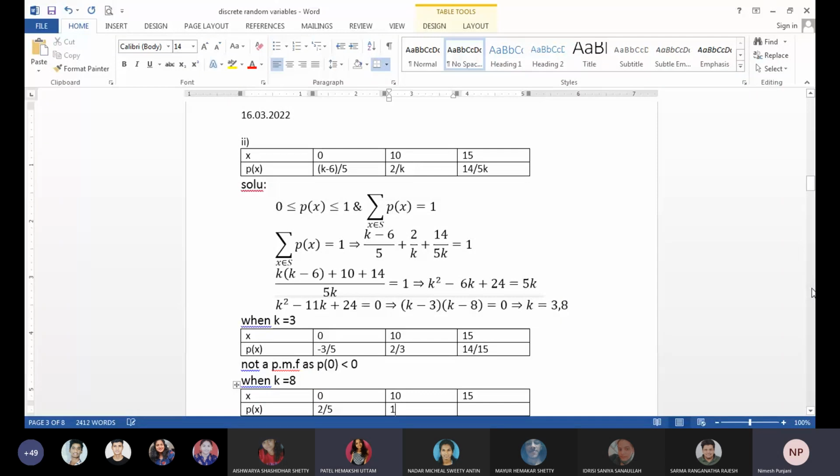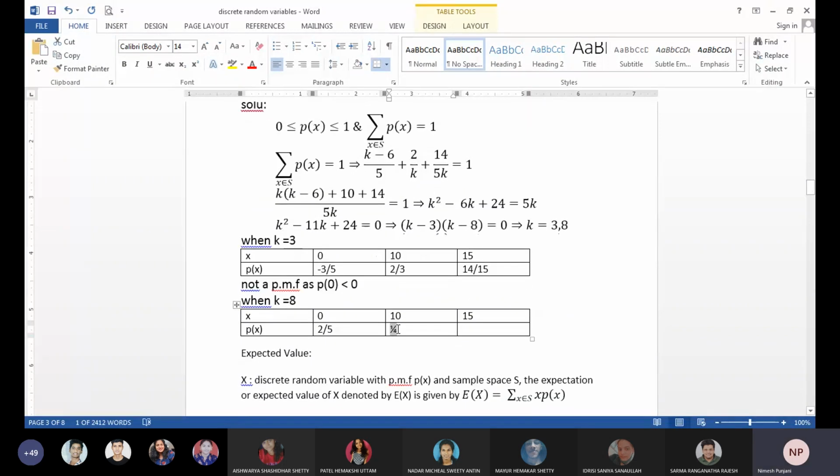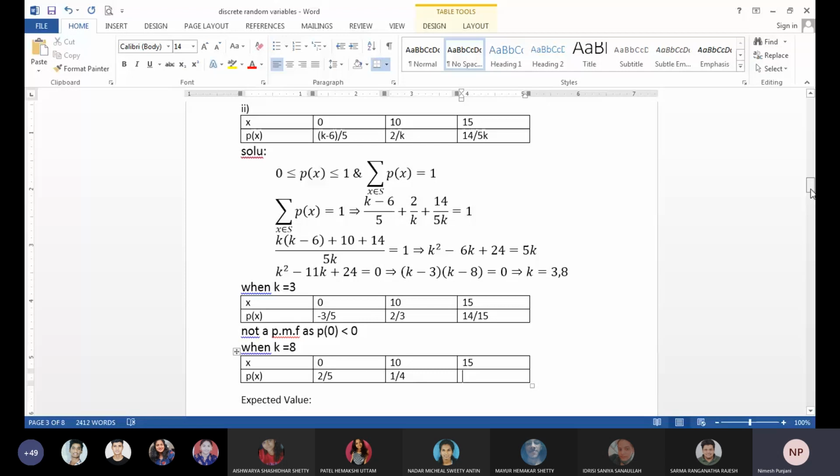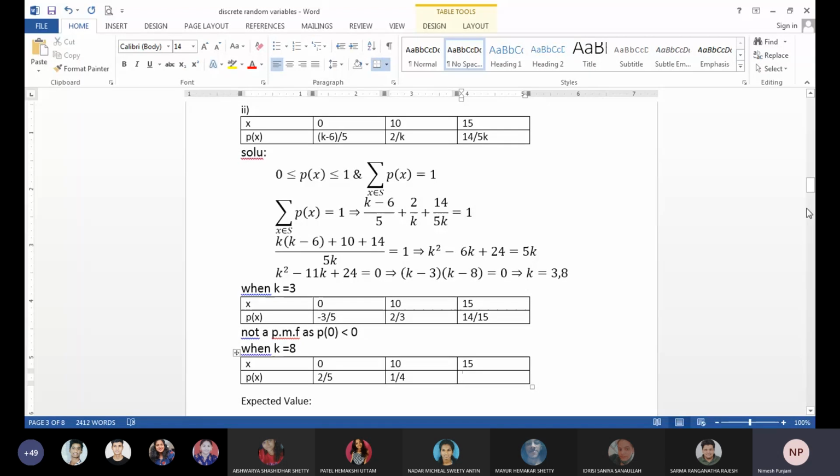Okay, very good. 7 by 20. 1 by 4, and what will come in the last? 7 by 20. What was our value? 5k. So with 8, when 2 is gone, 4, 7 by 20. Okay. So these are the values of my p of x.